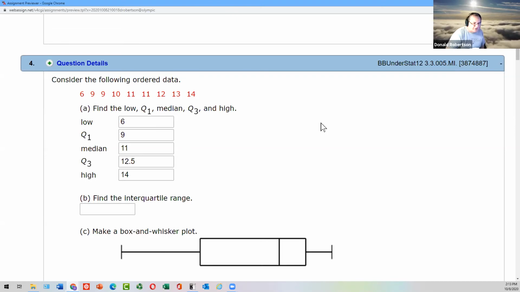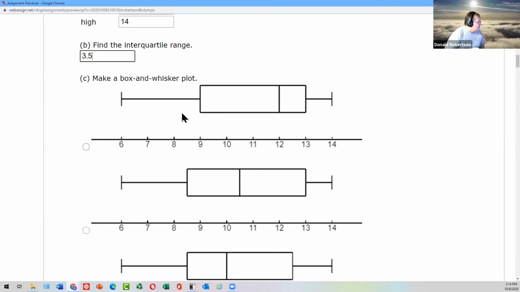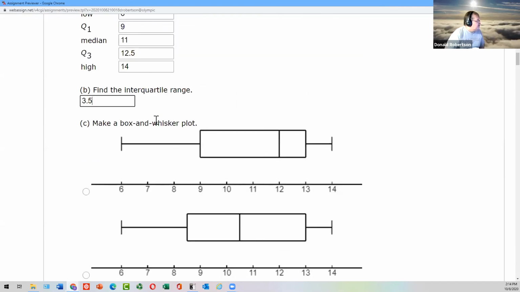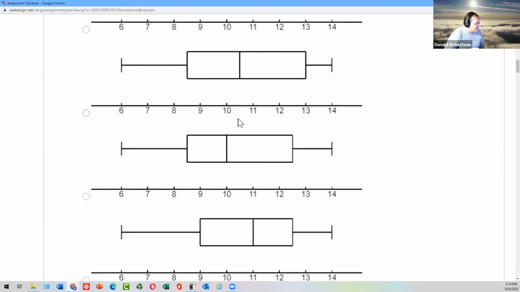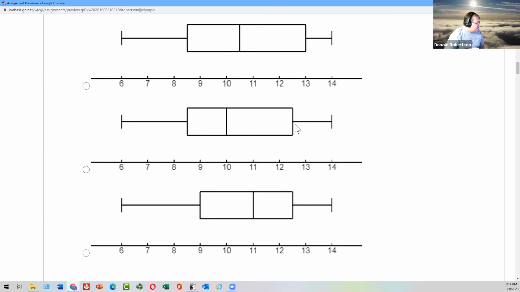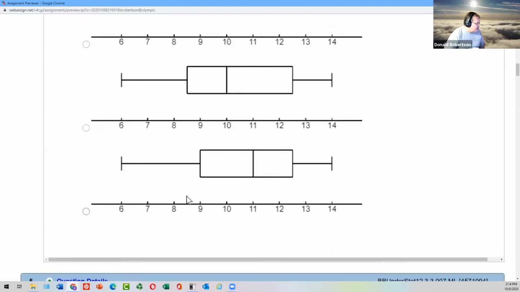That makes sense? Now, interquartile range, won't you take one away from the other? By that I mean Q3 take away Q1. And one of these guys starts at a 9 and finishes about a 12.5 or thereabouts. That looks like it's finishing on the right number. It has to start on a 9.